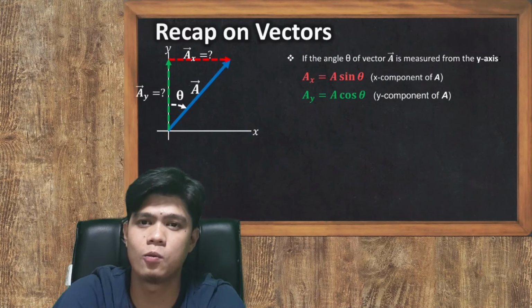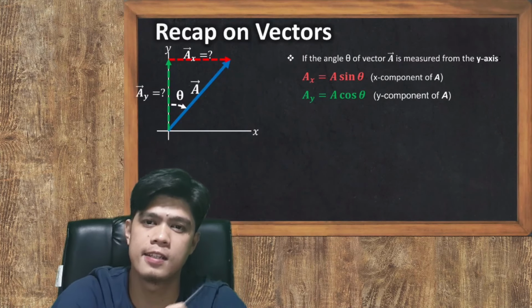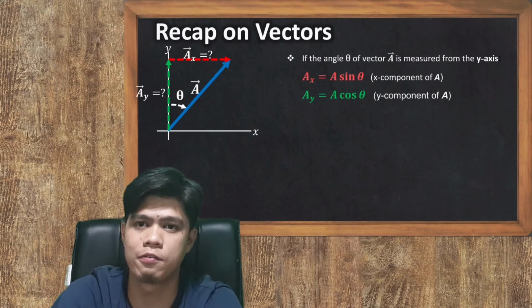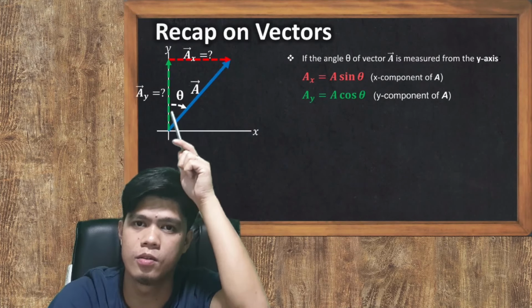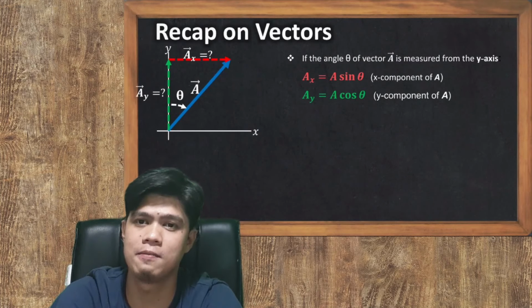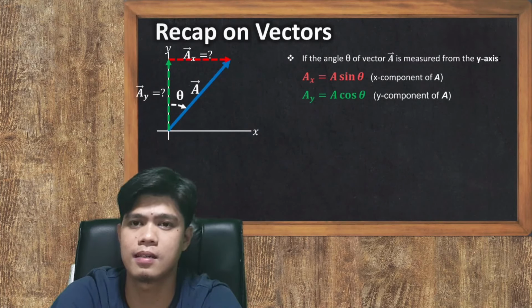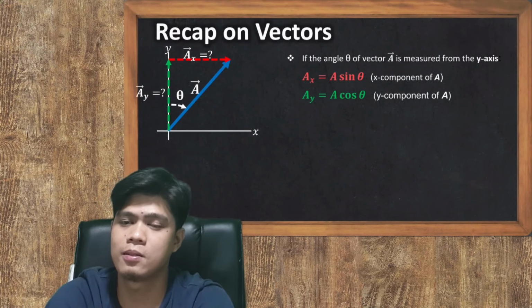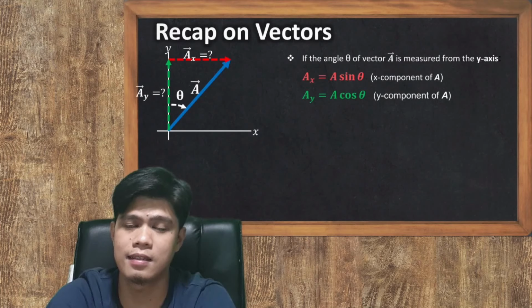Again, depending on the quadrant, AX and AY could be positive or negative. In the first quadrant, AX is equal to positive A sine theta and AY is equal to A cosine theta. In the second quadrant, AX is equal to negative A sine theta, and AY is equal to A cosine theta.